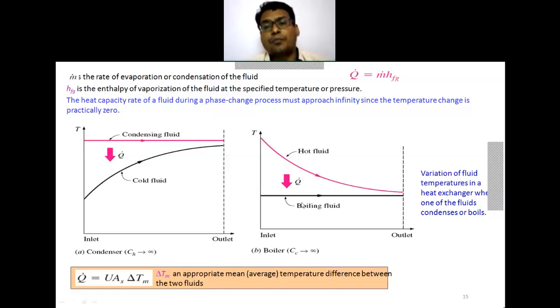And in a boiling process, only the latent heat is absorbed, so the temperature is constant. However, the phase change from liquid phase to gaseous phase is there. Only the latent heat is transferred, no sensible heat is gained. So in those cases, for the condenser CH tends to infinity, and in case of the boiler CC tends to infinity.